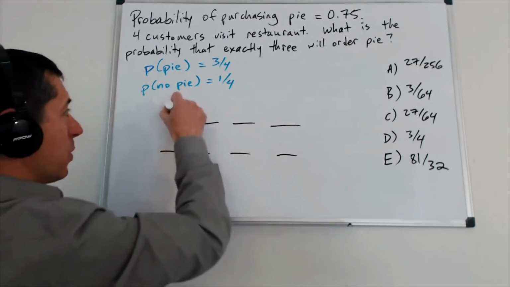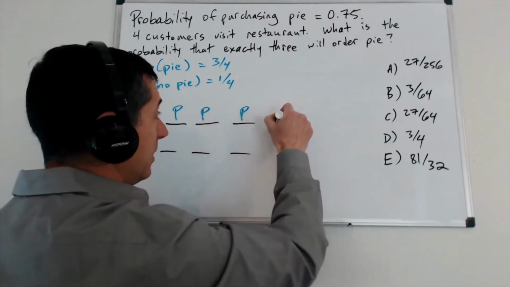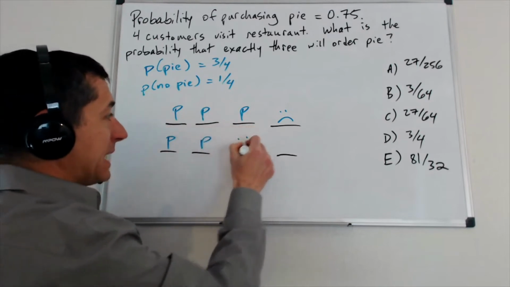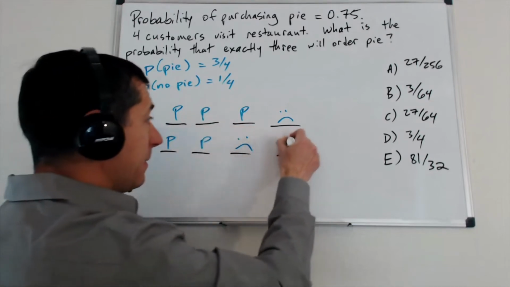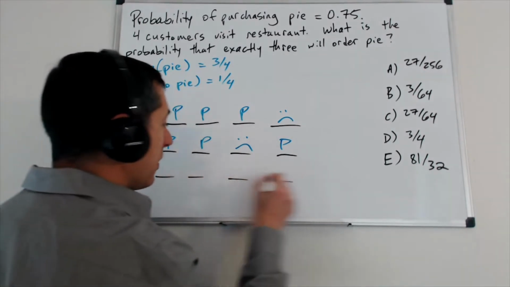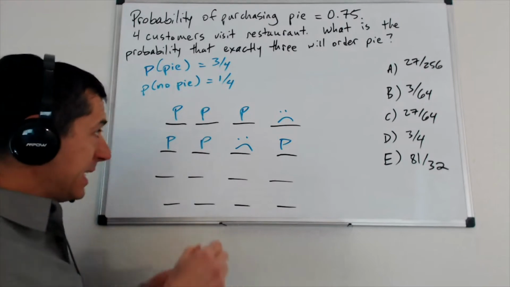Well, you could have the first one order pie, and the second one orders pie, and the third one orders pie. No pie for that last guy. Same idea, except it's the third one that doesn't get the pie, and so on. I'm not saying you need to draw all this out. What is really useful is to recognize the concept here.